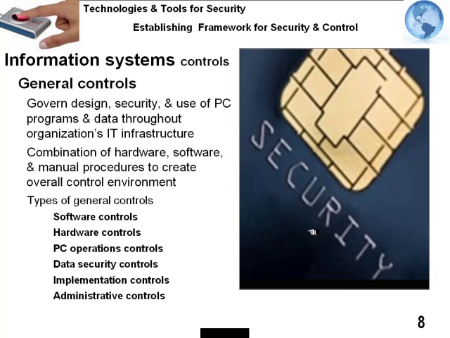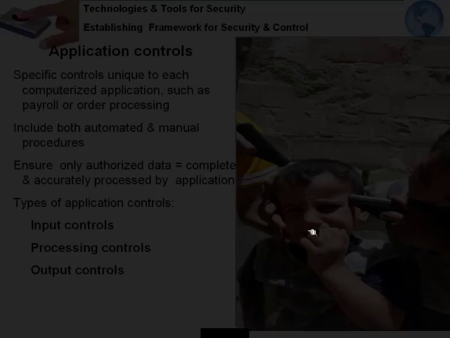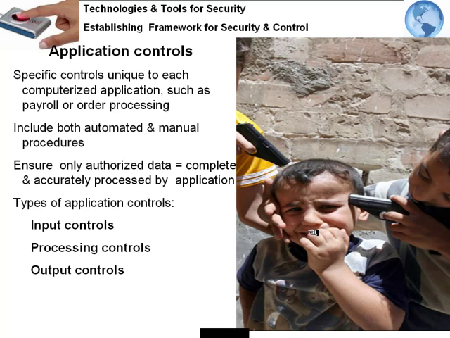Now, what are the general controls? These cover the design, security and use of PC programs and data throughout the IT organization, a combination of hardware, software and manual procedures, establishing a framework of control.